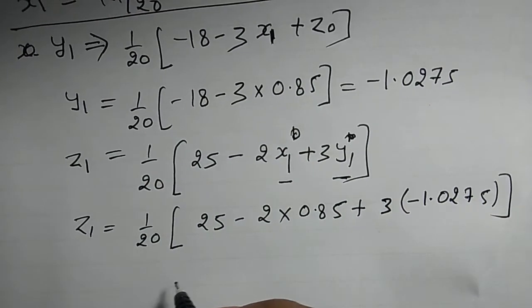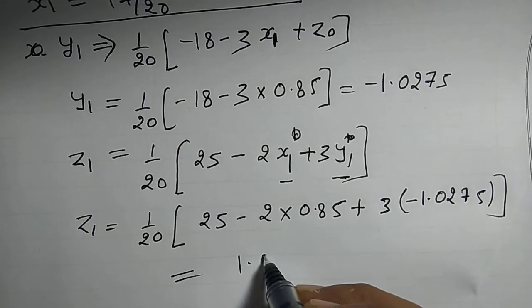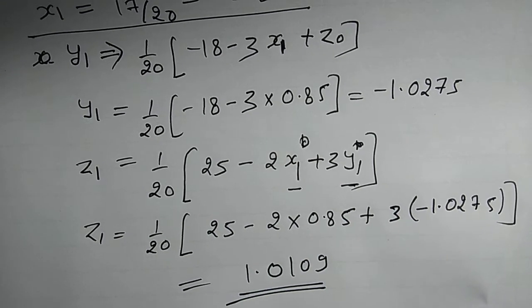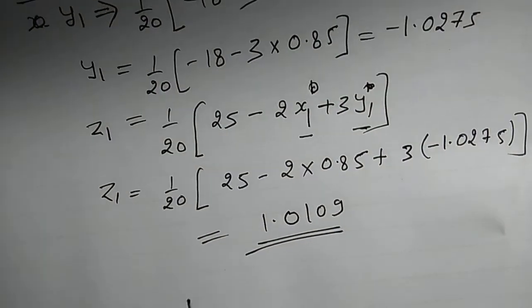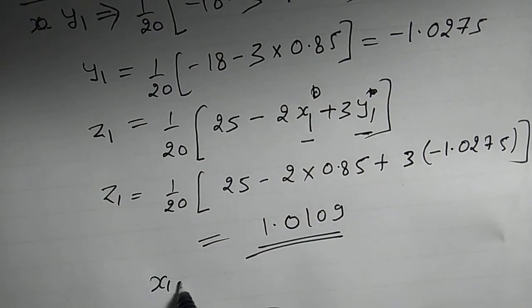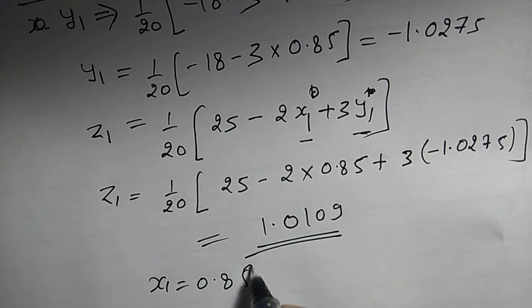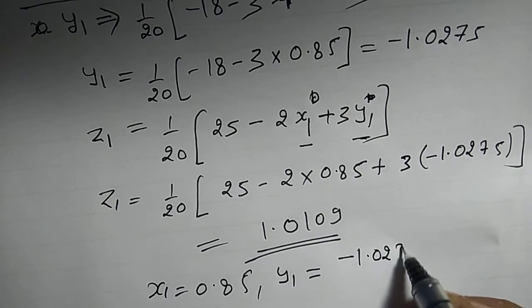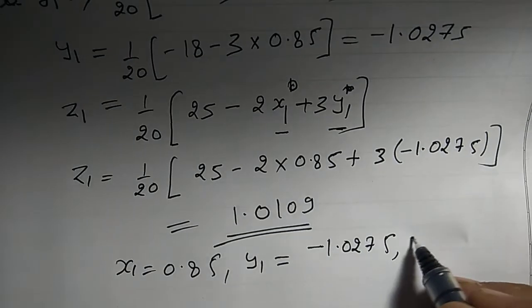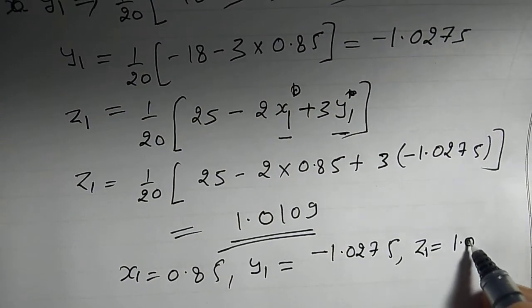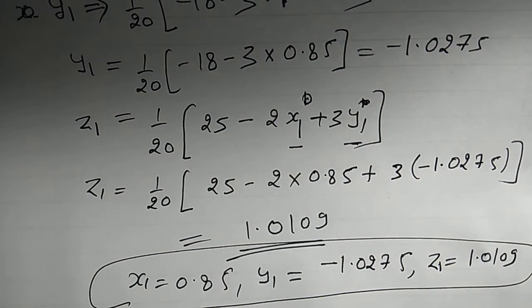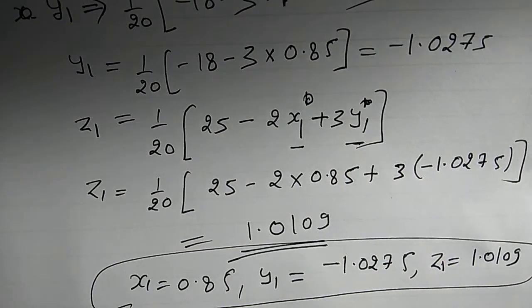If you simplify, we get 1.0109. So we got x1 equal to 0.85, y1 equal to minus 1.0275, and z1 equal to 1.0109. This is the value of x, y, z for the first iteration.